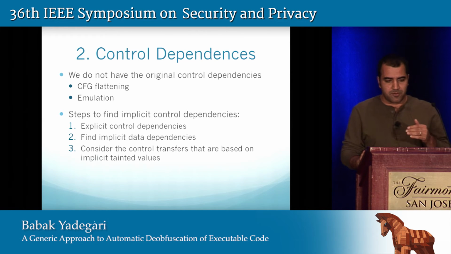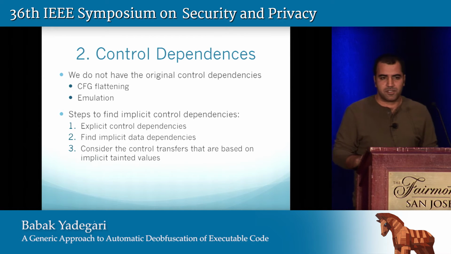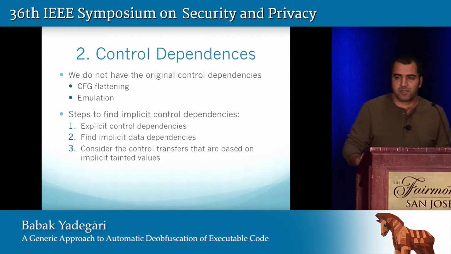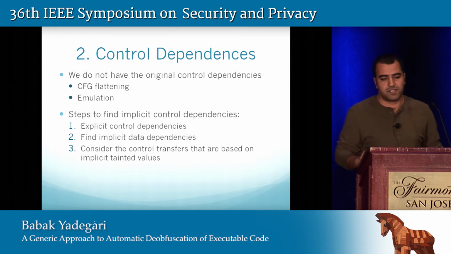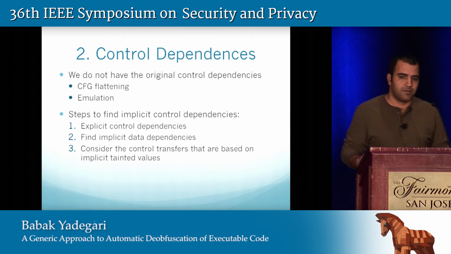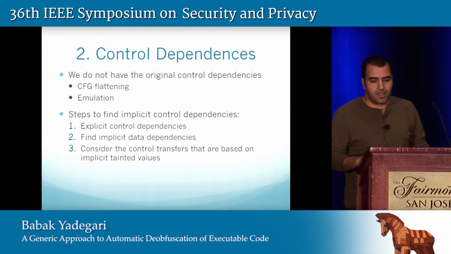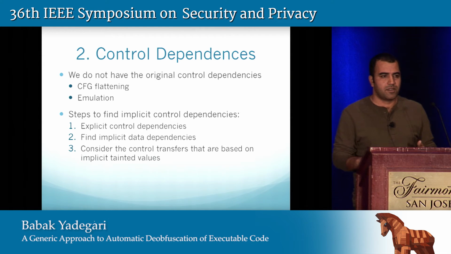So for finding implicit control dependencies, we first identify explicit control dependencies using post-dominator relationships on CFGs. Then we find implicit data dependencies, which is similar to implicit tainted values. And then we consider all the control transfers that are based on some implicit tainted value.